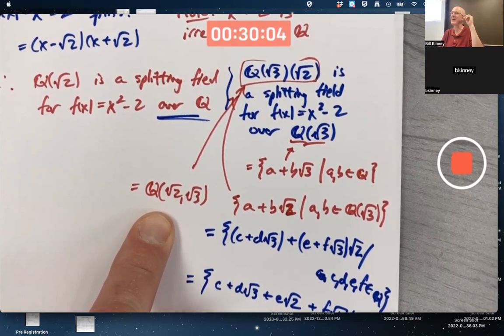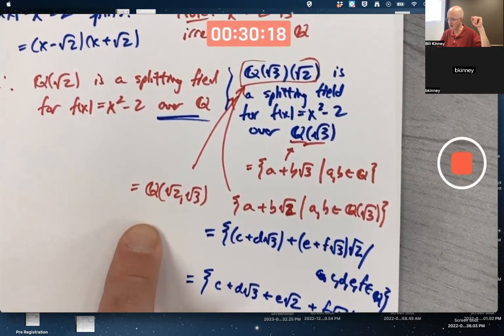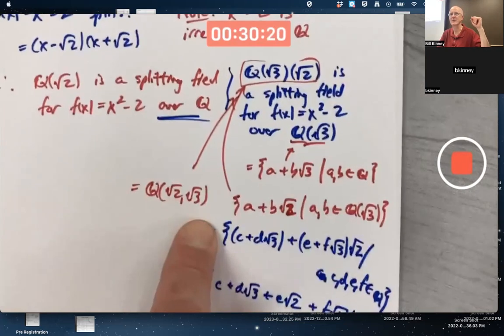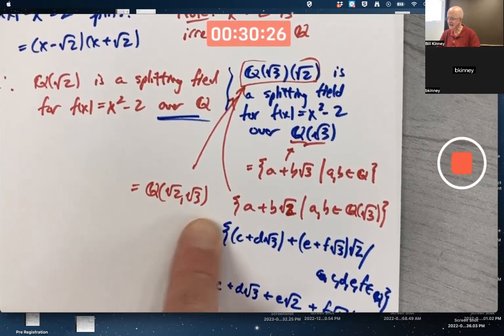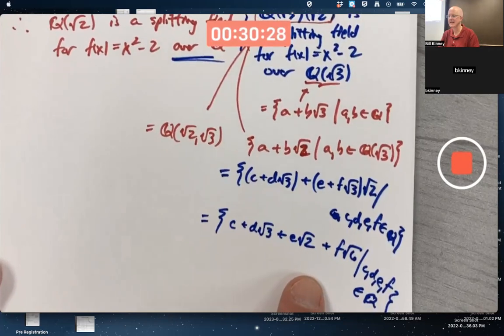Always say this in your mind, silently: that's the smallest subfield of the reals or the complexes, or some other fields that I'm not going to mention, containing all the rationals, also containing square root of 2, also containing square root of 3. And yes, it does equal all these things.